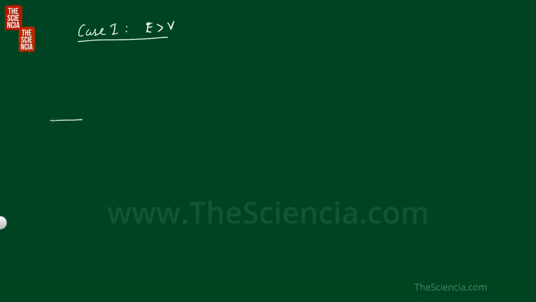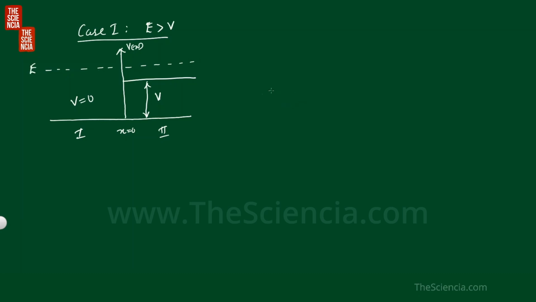That is, we can draw the diagram. So this is V of x and this is x equal to 0, and the step is this one, and the potential of the step is V, and here this potential is equal to 0. And this is region 1 and this is region 2. And the particle has an energy which is greater than the potential energy, that is, this will be the energy of the particle.